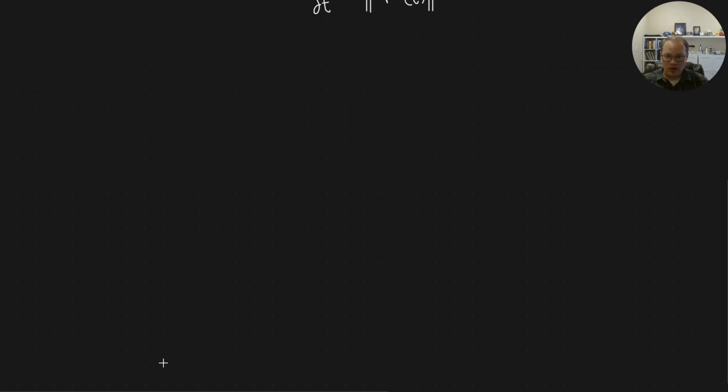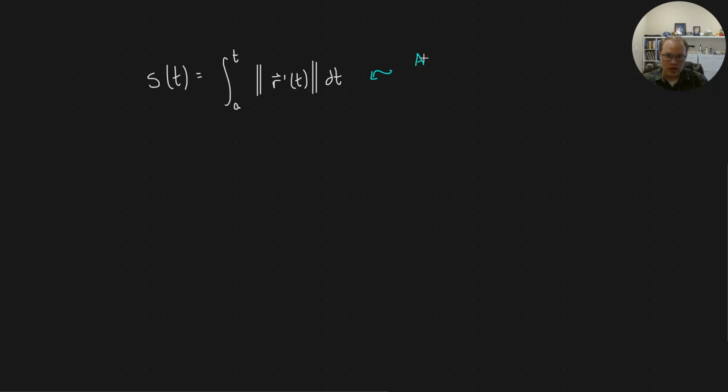Well, I already have the arc length function. This is calculated differently for every problem, but this is the first step, perhaps the most important step. This is the arc length function. It will give you a relationship between the arc length s and our original parameter t.